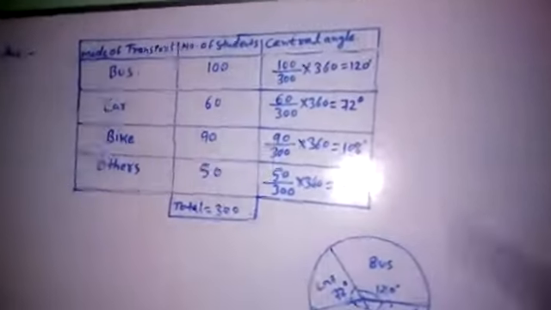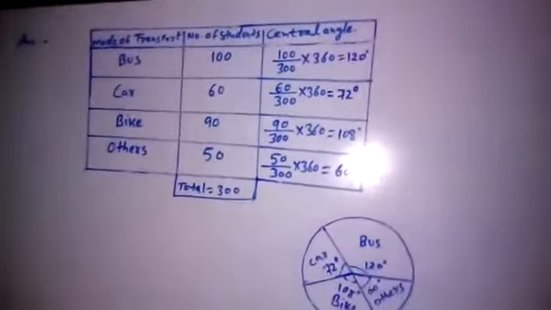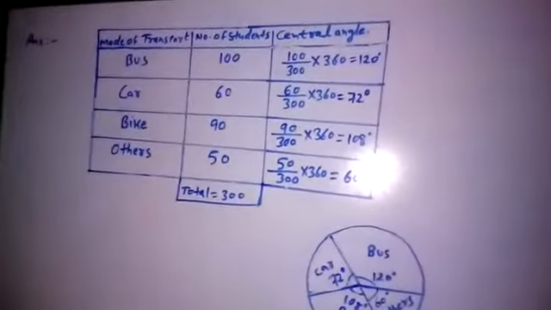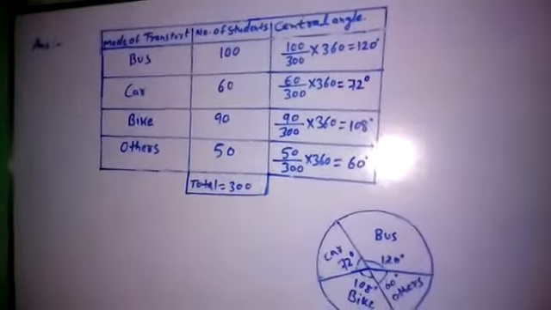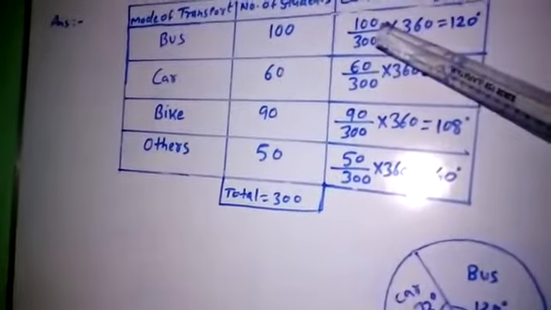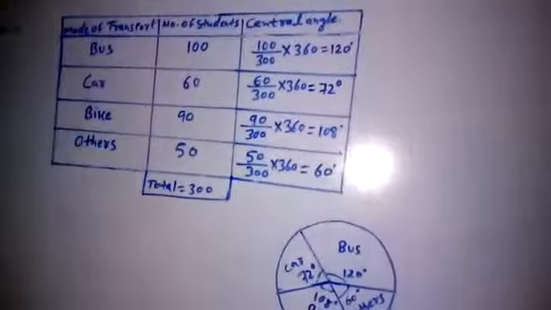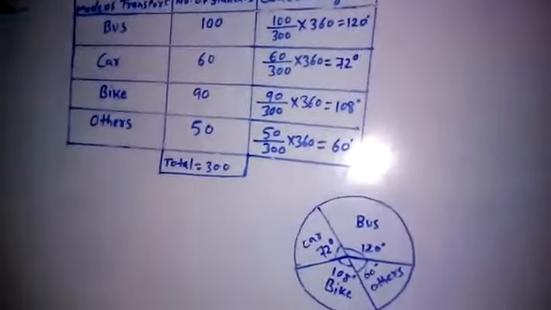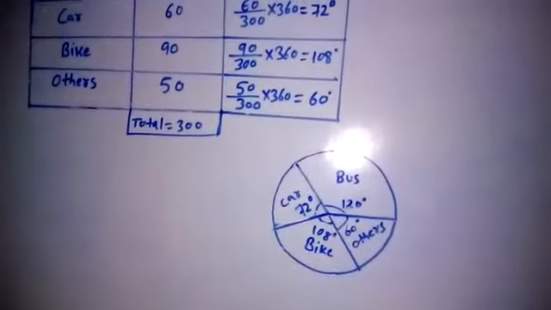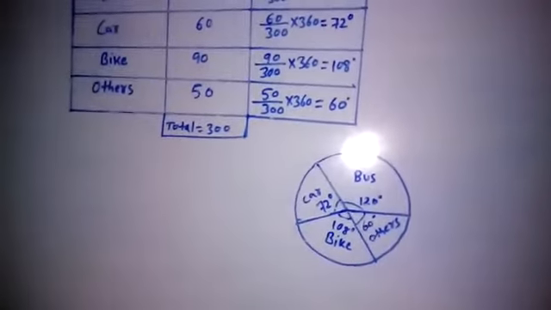Here, first of all we calculate the central angle. This one: 100 by 300 into 360. First we calculate the central angle and after that we will draw the circle. Got it? Thanks.